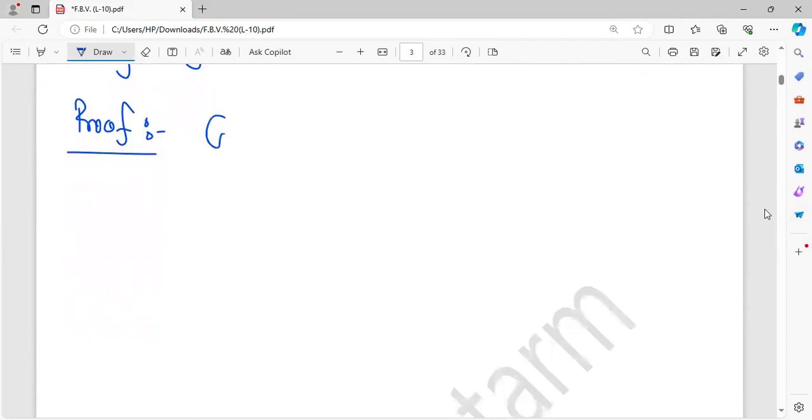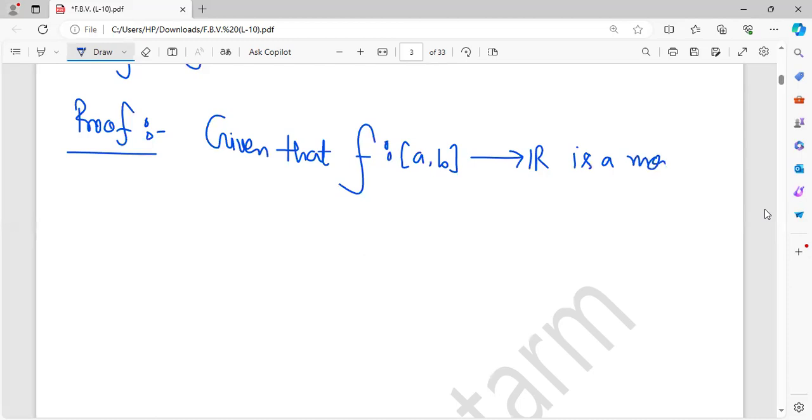It is given that f from closed interval [a, b] to R is a monotonically increasing function.